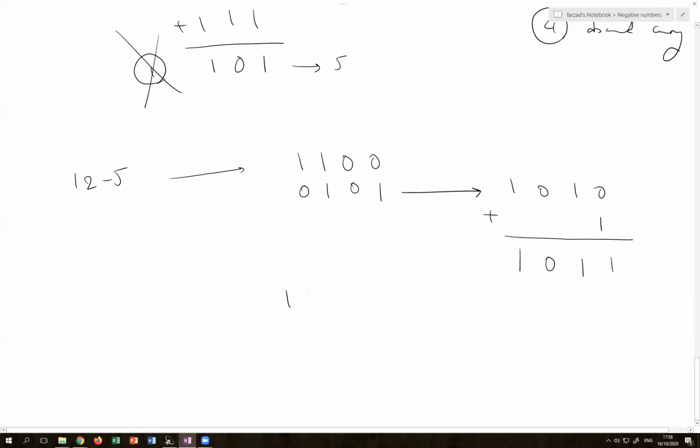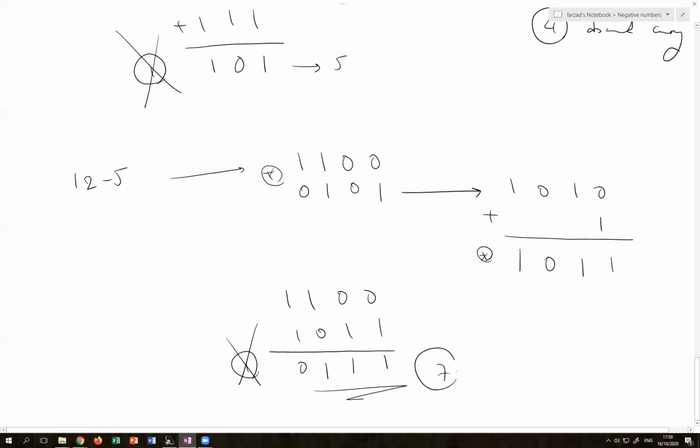Then I have to add these two numbers. 0 plus 1, 1, 1, 1, 0, carry 1. Discard the carry. What we get? This one. This is 7. Exactly the same number.